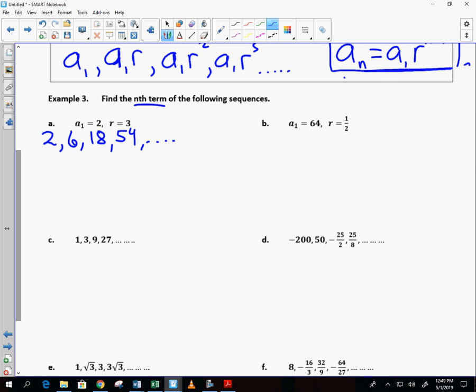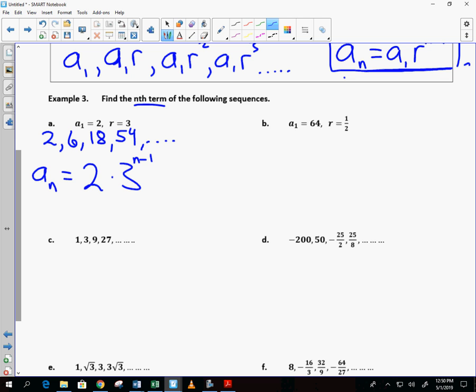So I have a sub n is equal to, it says take the first term, which is 2, and multiply it by, what is the ratio? And raise that to the n minus 1. Can I do 2 times 3 to get 6? Why can't I do that? Because the order of operations says you would have to do the exponent first before you multiply those together.